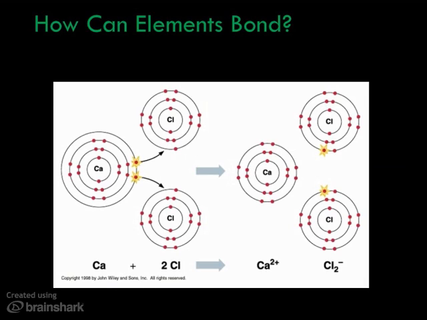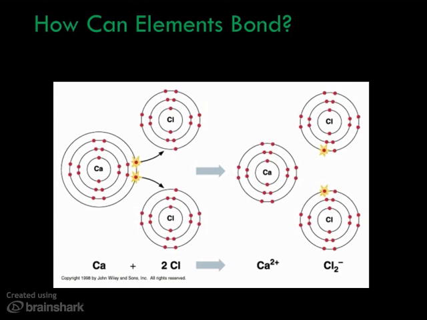In ionic bonding, the electrons are transferred. Calcium only has 2 electrons in its outermost shell. It would want 8 to be happy. And it's easier to give up 2 electrons than it is to gain 6, so it'll give up 2 electrons. This gives calcium a 2+ charge then, or a positive charge, because it has 2 more protons than electrons.